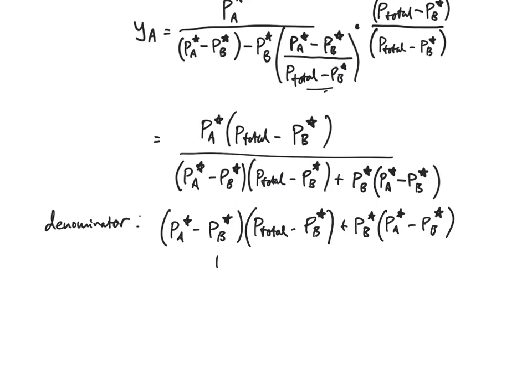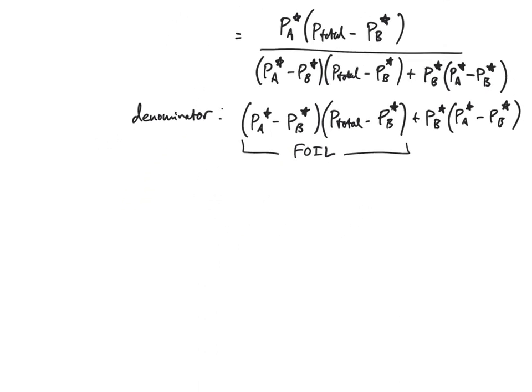And we're going to use the FOIL method for this part right here. So let's go ahead and do that now. We get PA star times P total, forgot my star, minus the outer, which is PA star PB star, minus PB star P total, plus PB star squared.